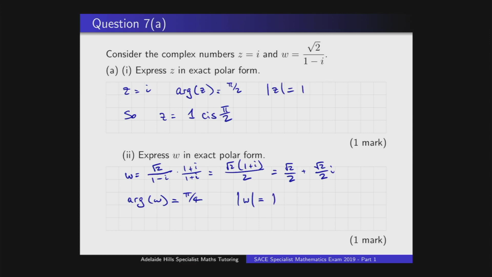So this is the same as before, where square root of 1 is 1, and so w is going to be equal to 1 cis pi over 4. Okay, so that's part A.